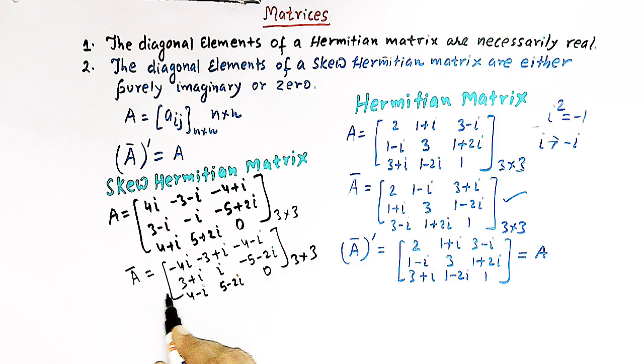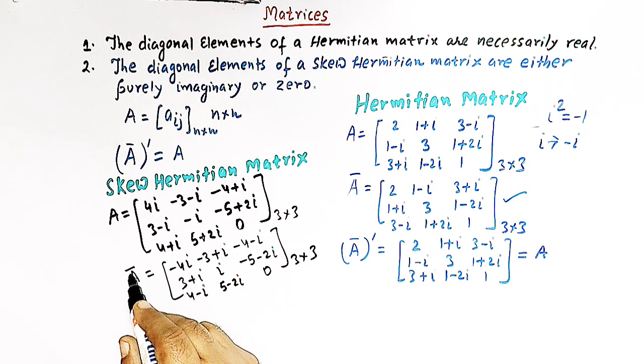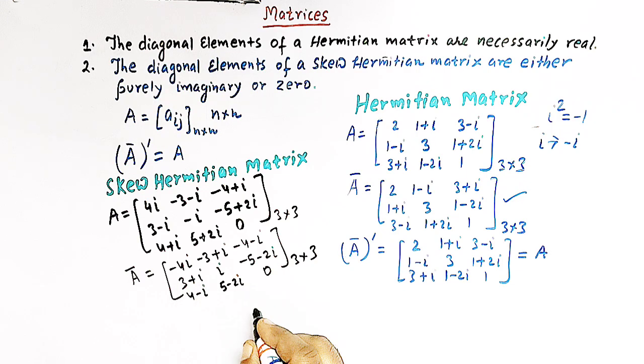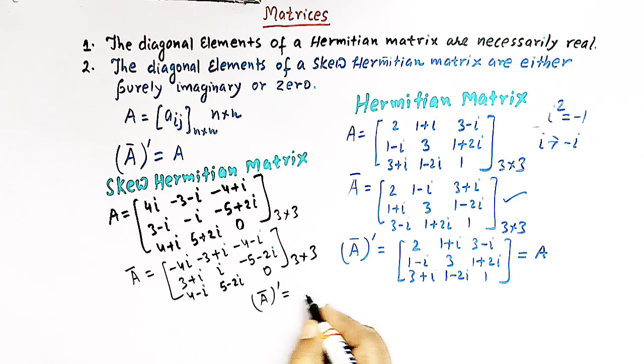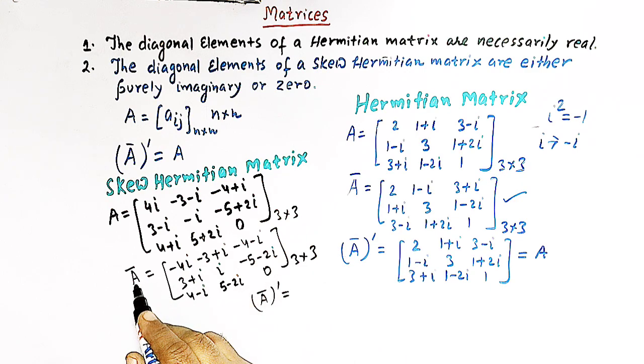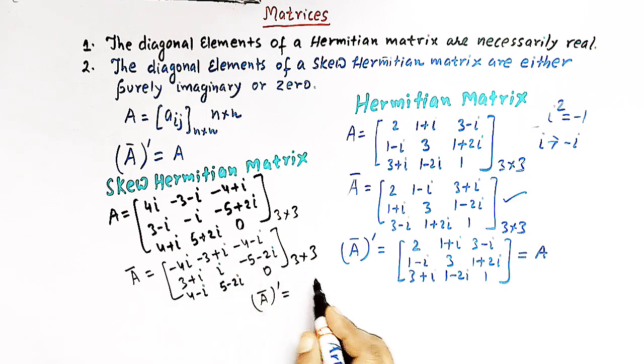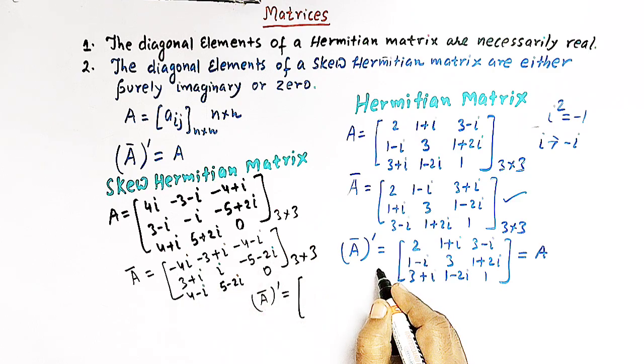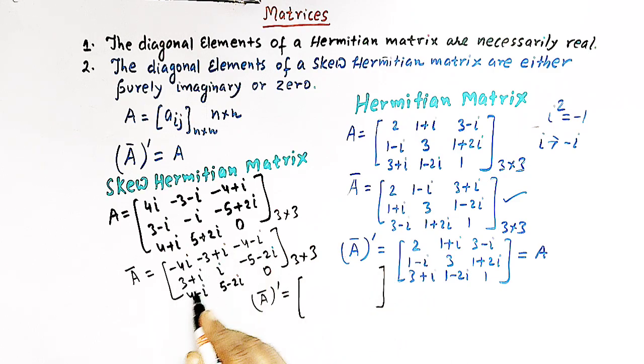Okay, now let us take the transpose of this matrix, that is A bar. So we have A bar dash, and to get the transpose of this matrix, let us interchange the rows by columns.